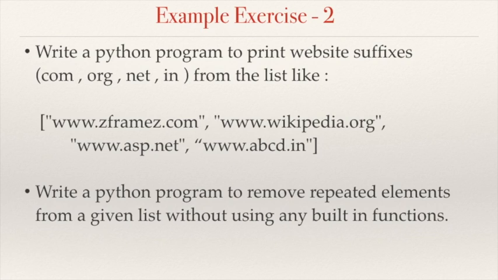And the second program wants you to remove repeated elements from a given list without using any built-in function. So stop right now and try to solve these two problems on your own. The solutions are given in the video ahead. But first, try yourself.